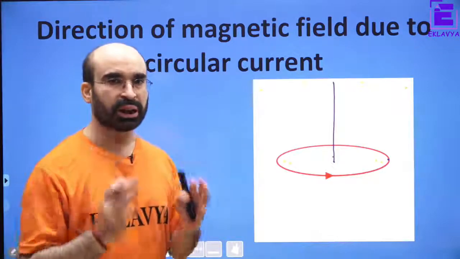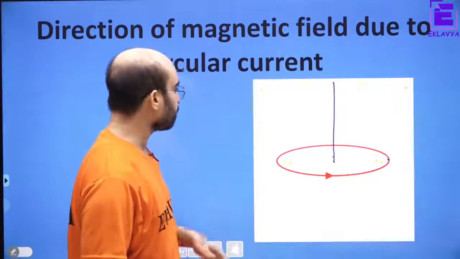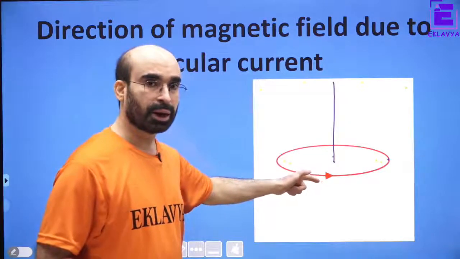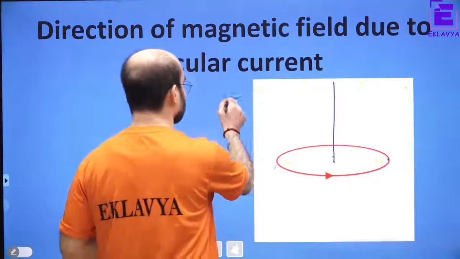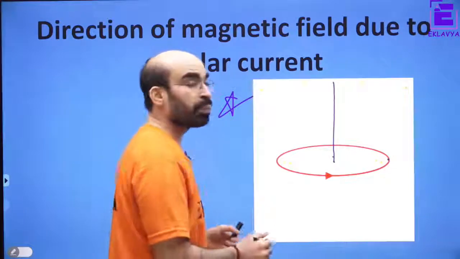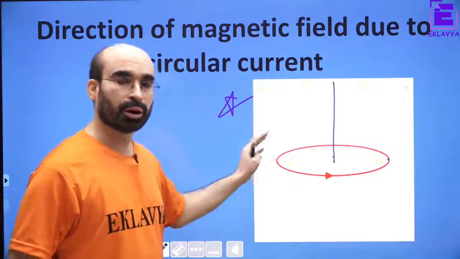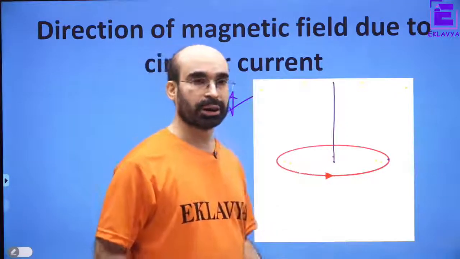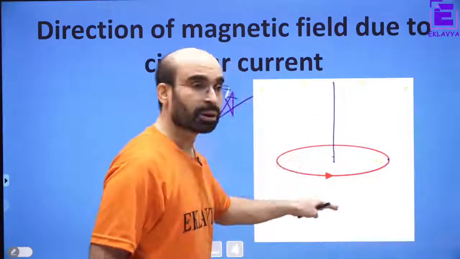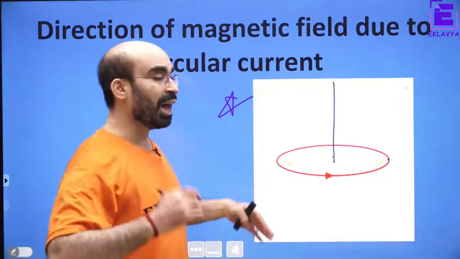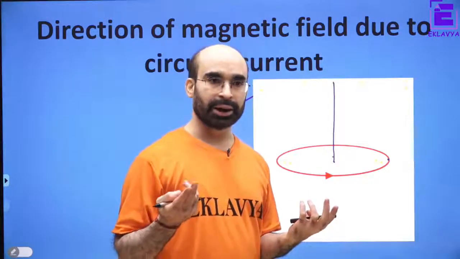We need to be very careful about this, that magnetic field due to circular current, because this is an important question actually. They can ask you, show the direction of magnetic field due to a circular current. So this entire diagram is required in that case, right? They may ask you for 1 mark in boards.